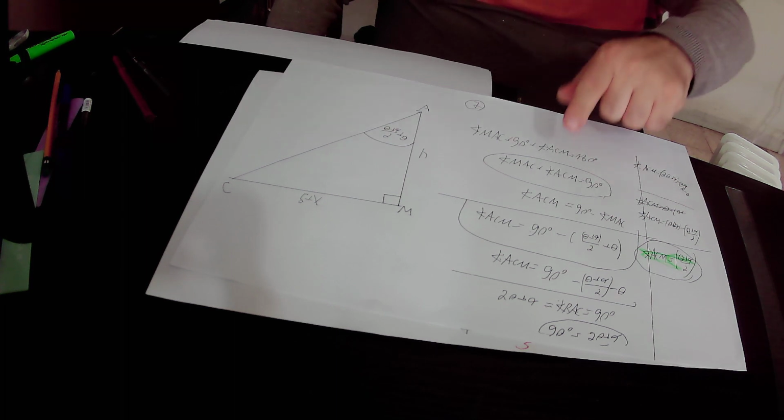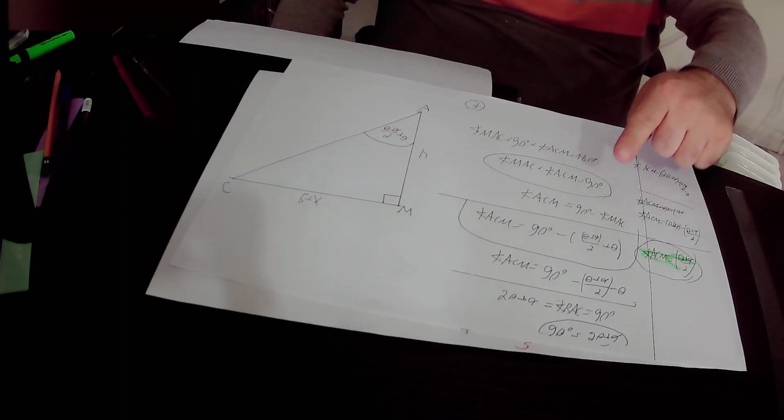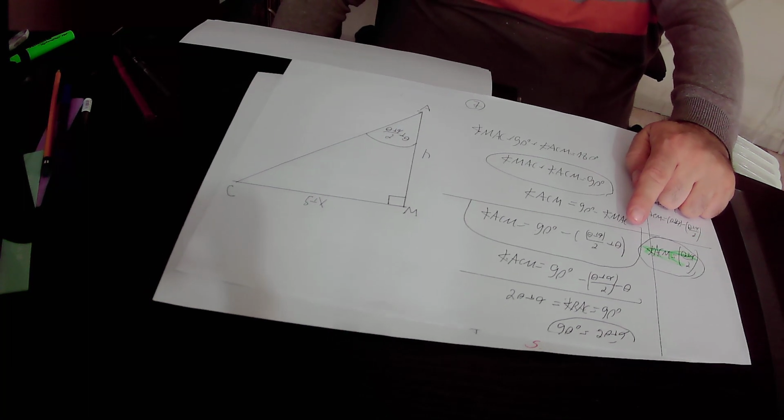So in conclusion, angle ACM equals 90 degrees minus (theta plus alpha over 2 plus theta).